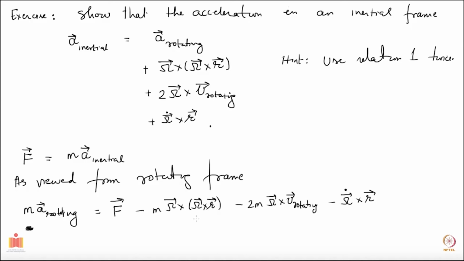It's not coming from some push or pull of some physical origin. They are fictitious because you are in the rotating frame. So you have to use this as your force to arrive at the left hand side, and these fictitious forces are called, this one is called your centrifugal force. So this entire quantity.